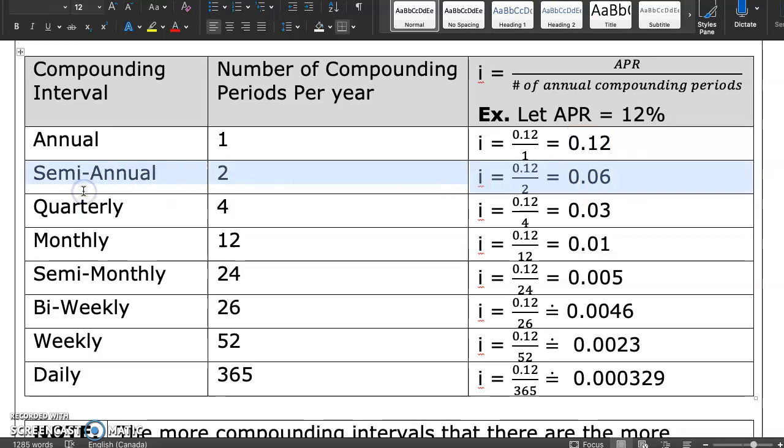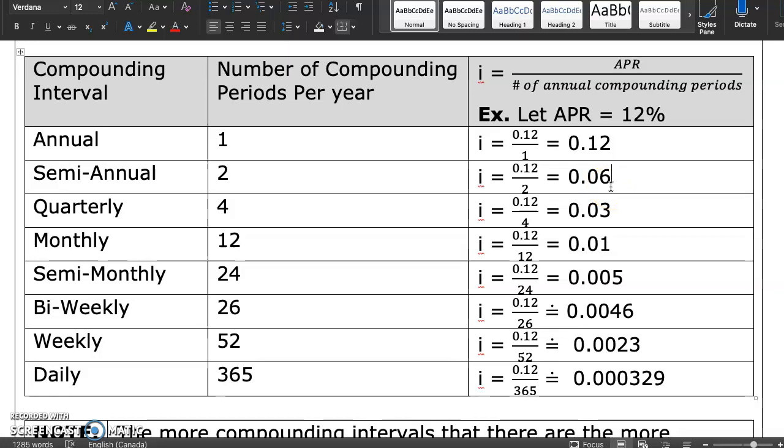Technically, the semi-annual compounding interval would charge more interest because the first 6% would accumulate at the 6-month mark. You would have 6% interest added to the total amount. Then the second time that you charge interest, you have 6% of the original amount plus the interest is also applied on the earned or accumulated interest.